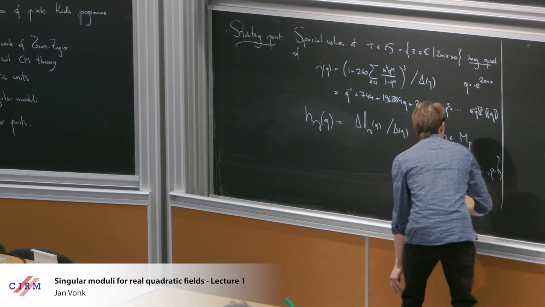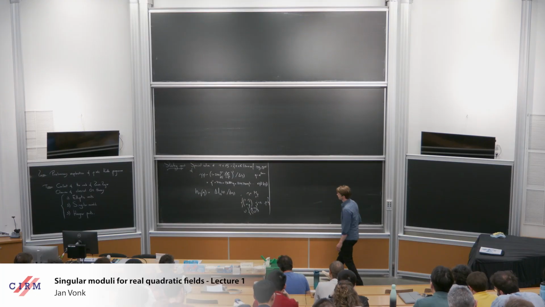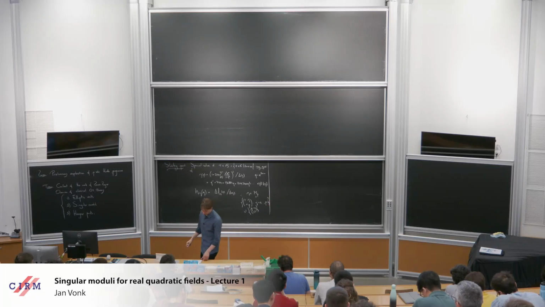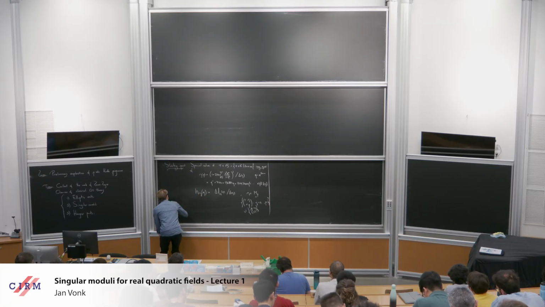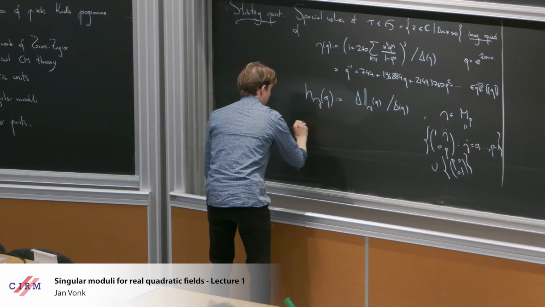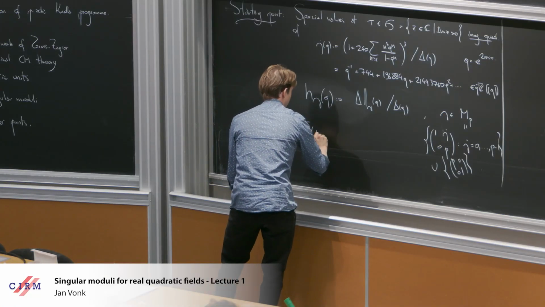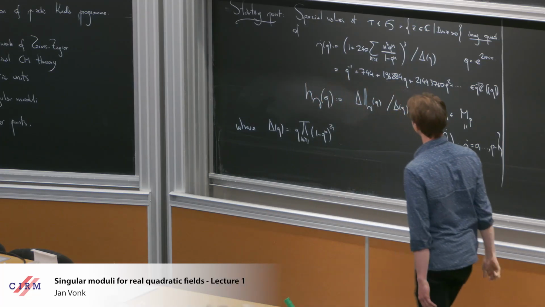So the usual coset representatives for Gamma_0(p) inside of SL_2(Z). So those are the functions that we will study. Where, just for completeness, this is the Ramanujan delta function.